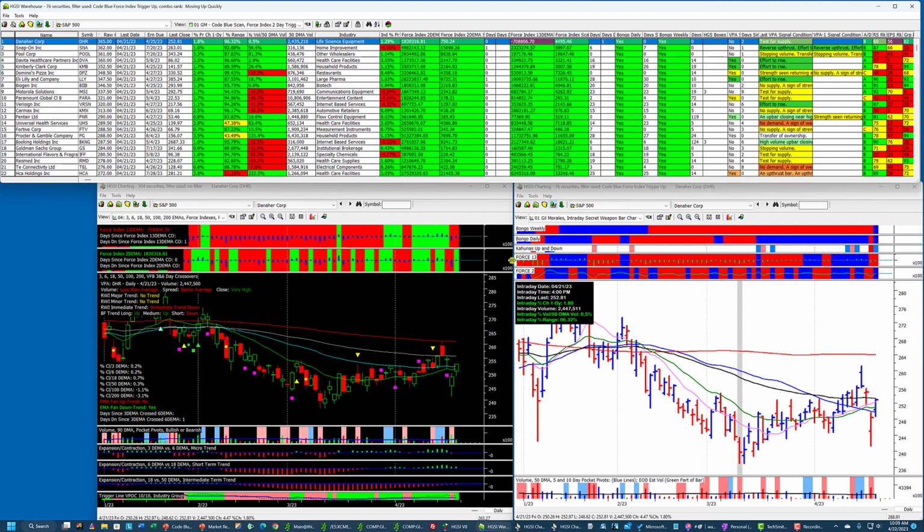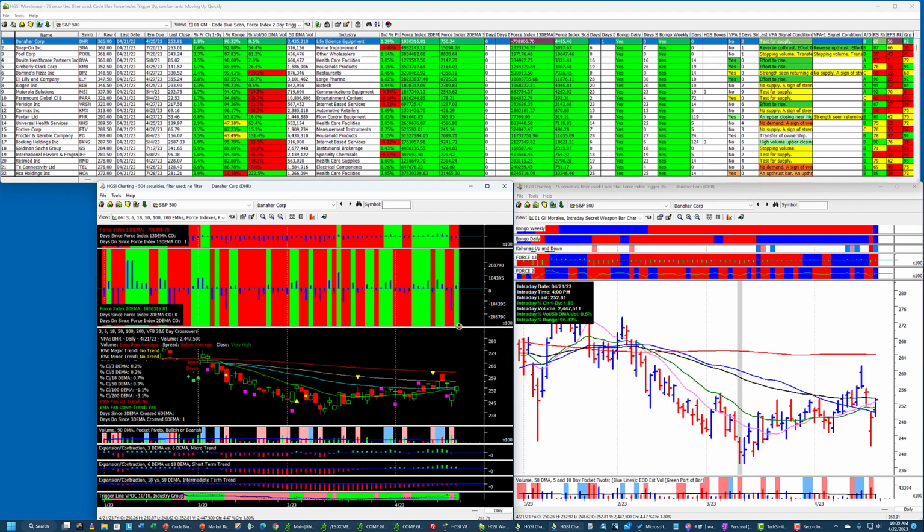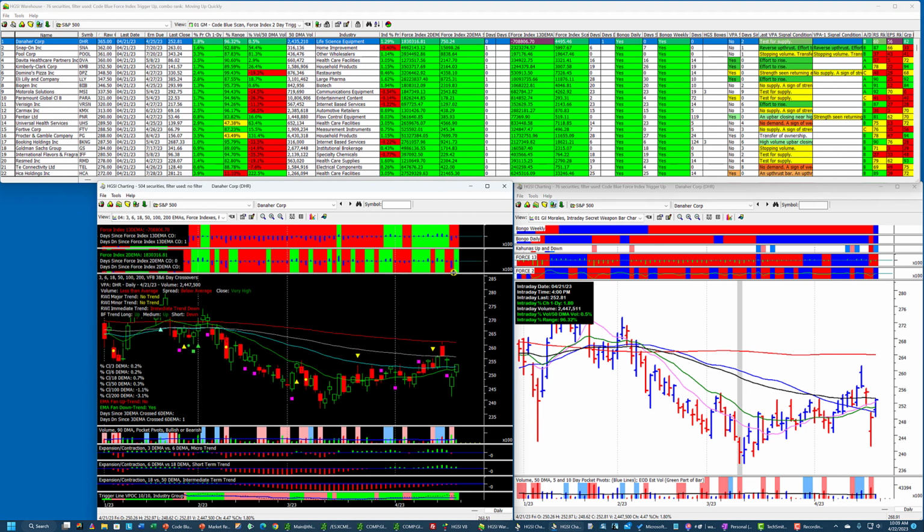But how much of a force is this today? You can see that it's not a big move because this histogram bar is not very high, and if you look down at the volume bar, it's not a tall bar. So now let me show you the force index here as far as the scaled. That number is low.